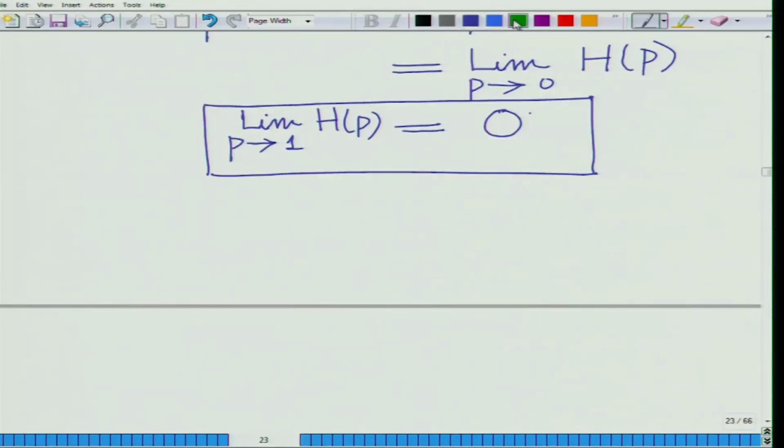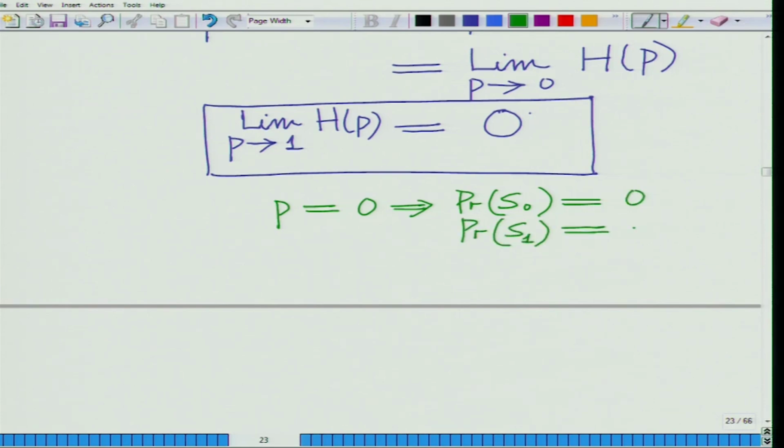So, p equal to 0 implies the probability of S0 equals 0, the probability of S1 is equal to 1, which implies that the source always generates symbol S1, because the probability of S0 equals 0.